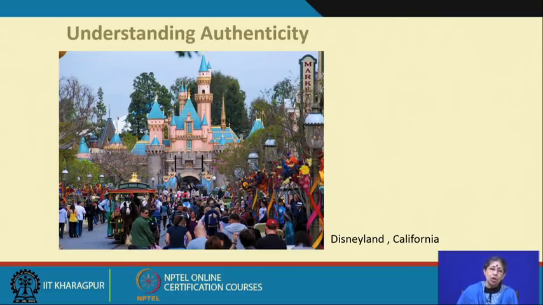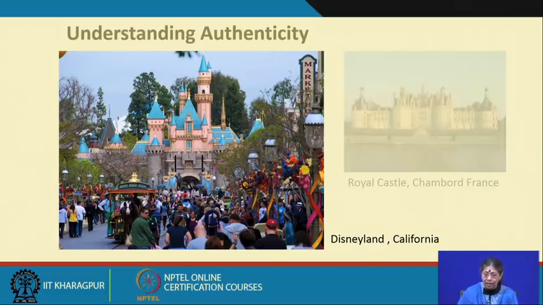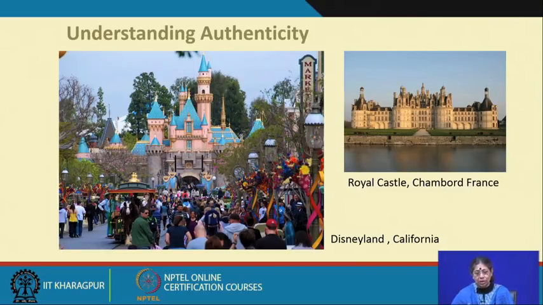So, in the context of Disneyland, it is not fake, because it is an illusory castle that they are trying to make, and it is not trying to pose as a real castle. So, we can't say that it is not authentic. In the context of Disneyland it is absolutely fine. We can't compare it with another royal castle, like the one we see here in France.